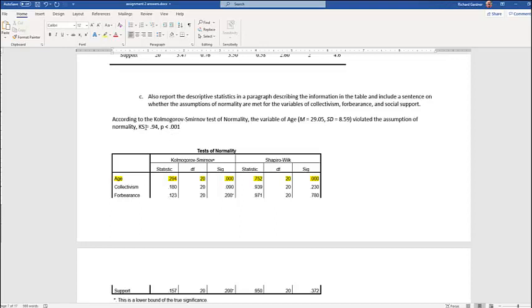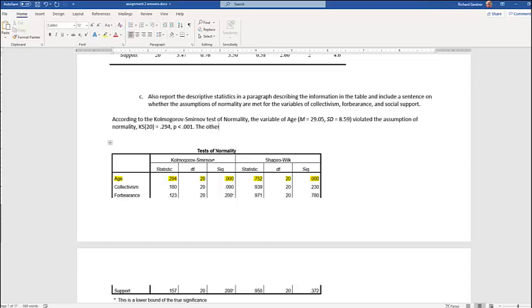I think you also put the degrees of freedom right behind that. So degrees of freedom is 20, that's your sample size, the test statistic was 0.294, 20 degrees of freedom, and there was the p-value.